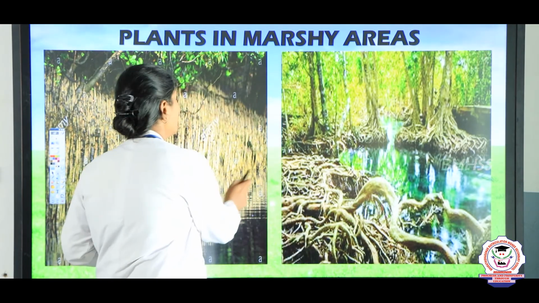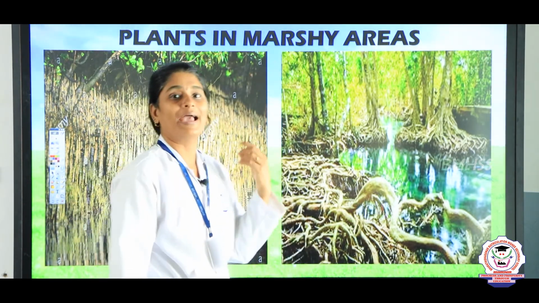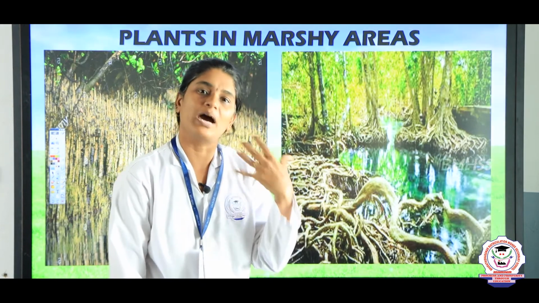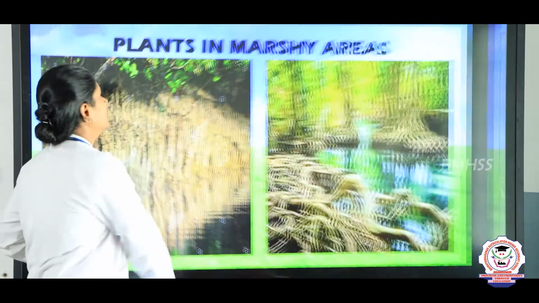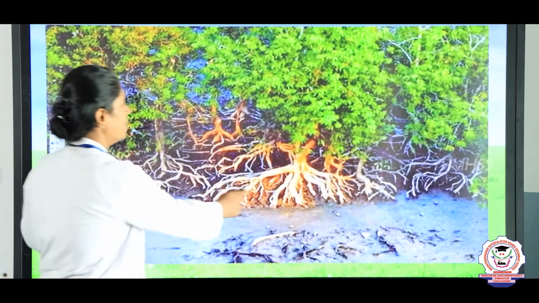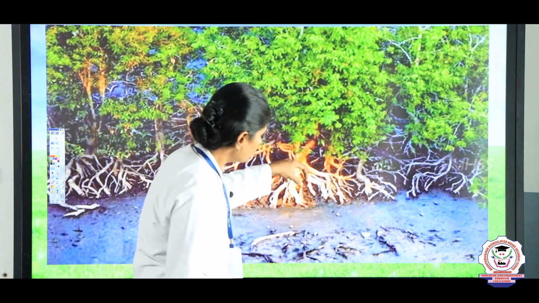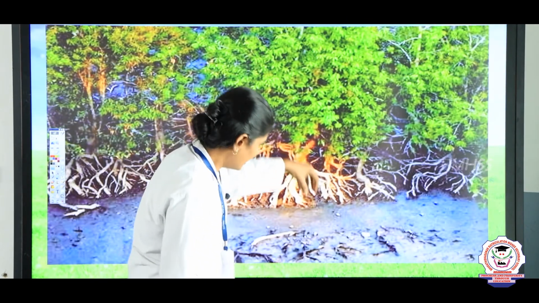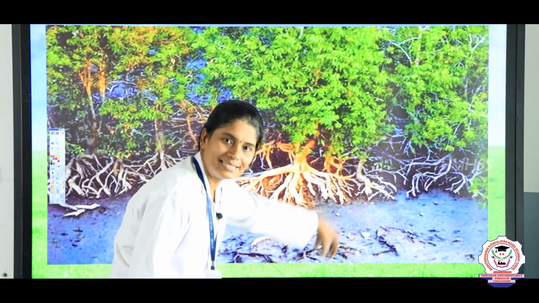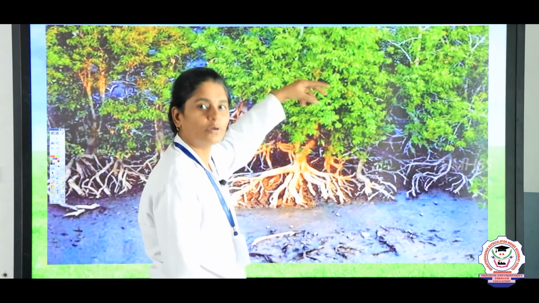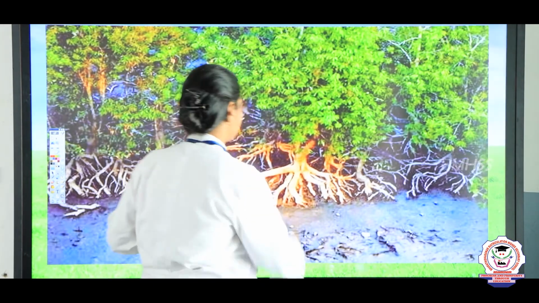So we can see mangrove trees. Mangrove trees grow in marshy areas. The roots do not get air inside the soil, so they grow out of the soil to get the air.